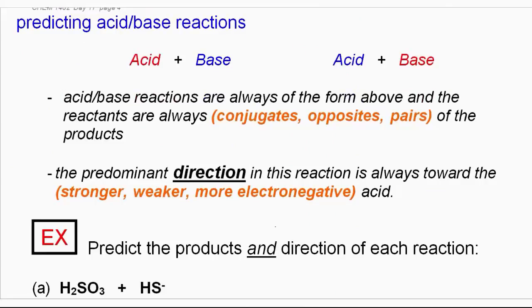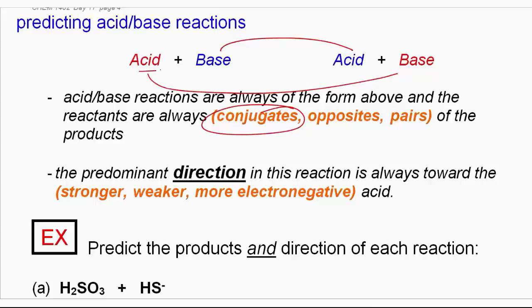Predicting acid-base reactions. So this is how it always works. Acid-base reactions are always of the form above, and the reactants are always blank of the products. Recognize these? Acid-base conjugates. The predominant direction in this reaction is always toward the blank acid.